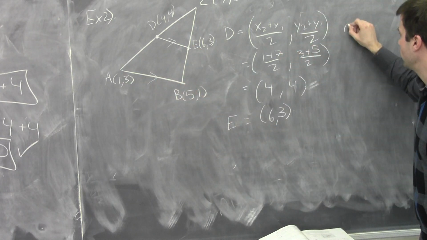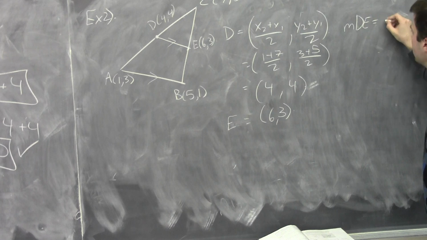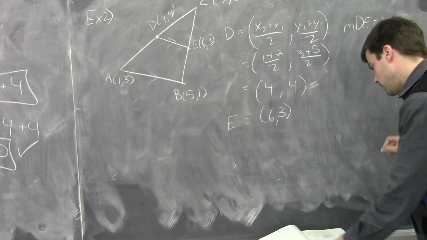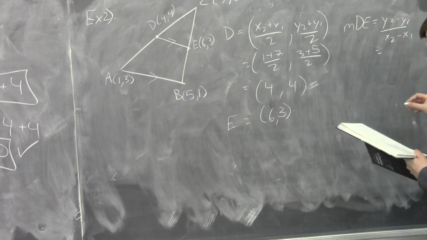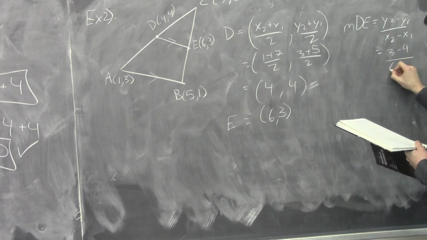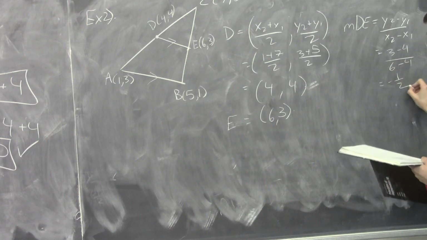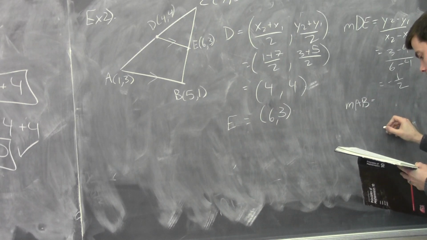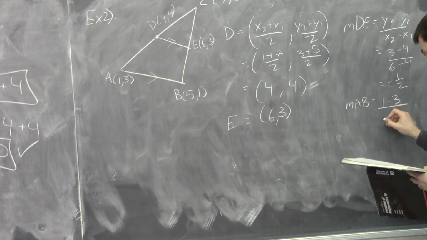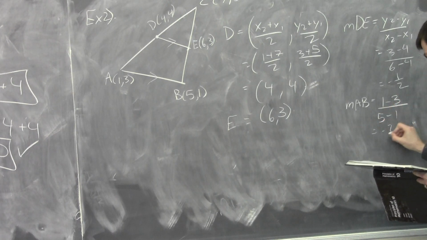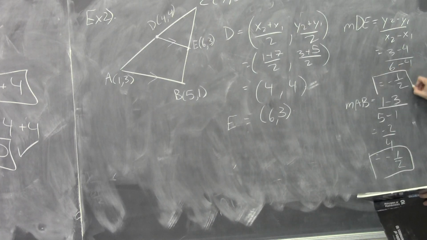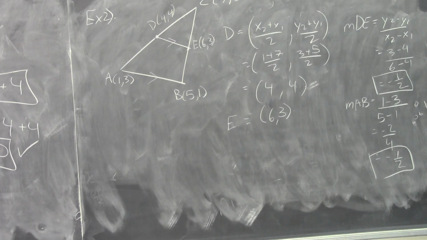So m of DE and then m of AB. And we see that these two slopes are the same, therefore the lines are parallel.